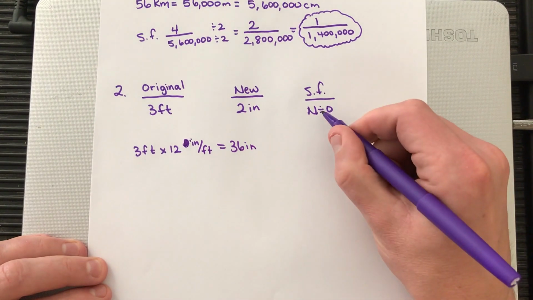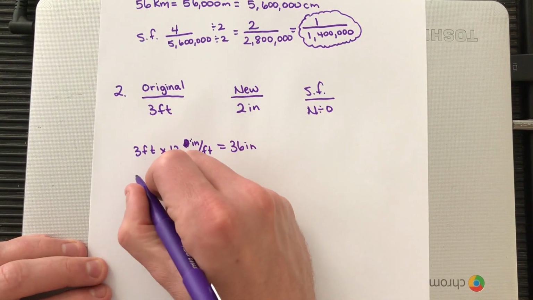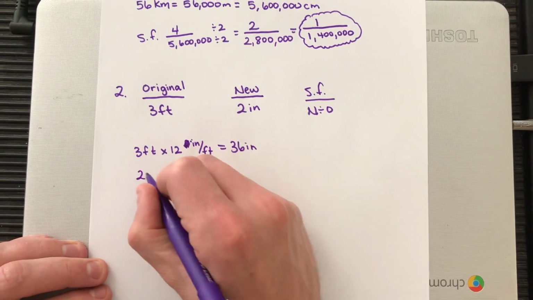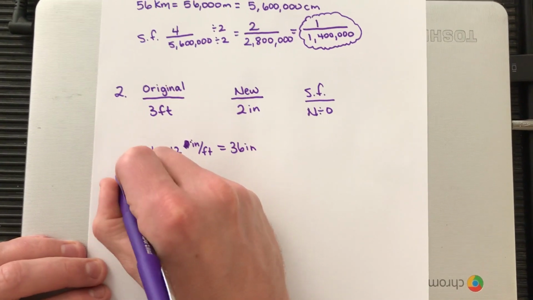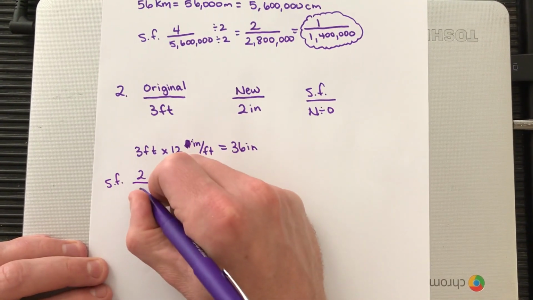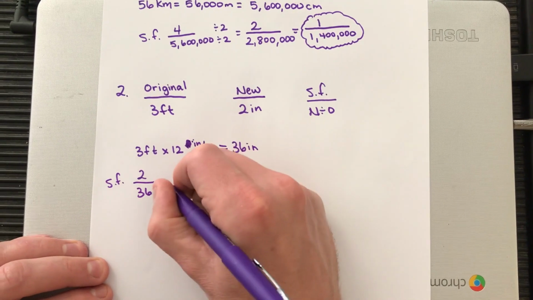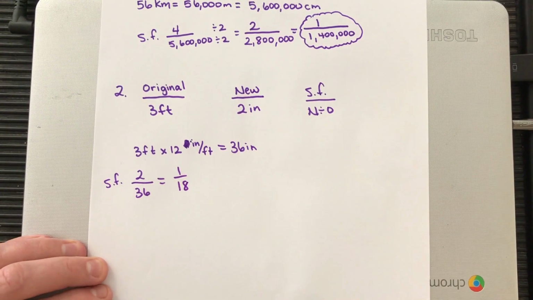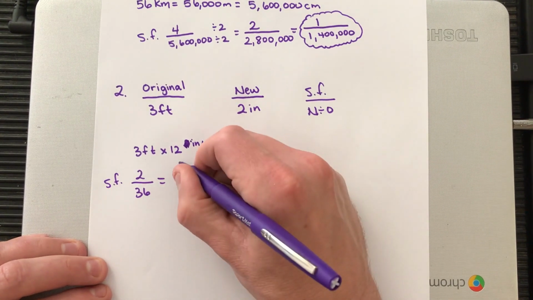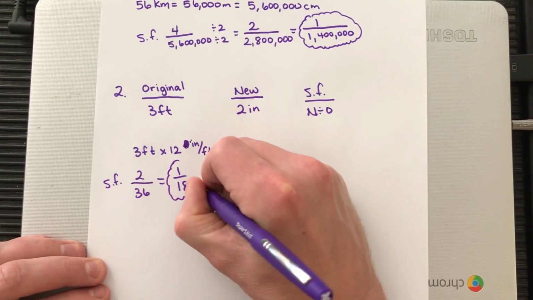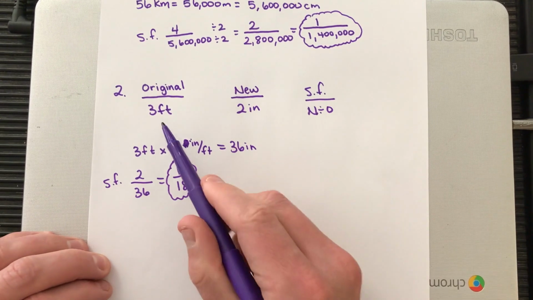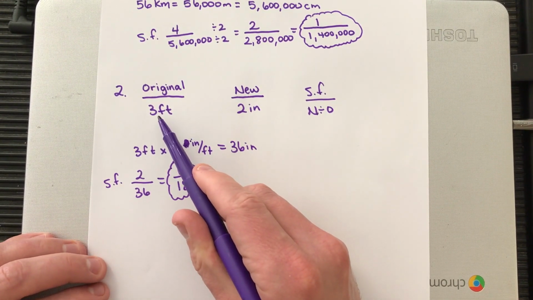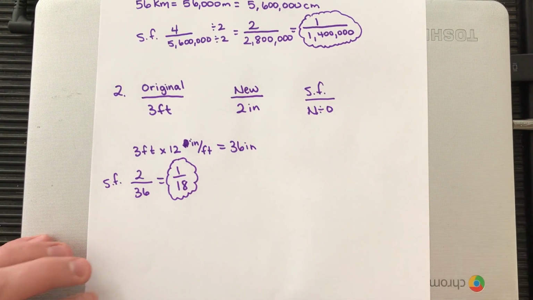And so if I want to do the new divided by the original, I'm going to do 2 divided by 36, which is 2/36, and I can reduce that down to 1/18. So my scale factor in this case is 1/18, which makes sense. That's a very small scale factor, and we're scaling something down from 3 feet long to 2 feet long.